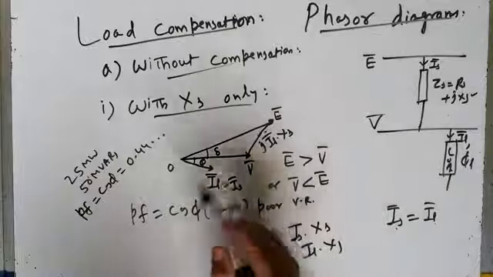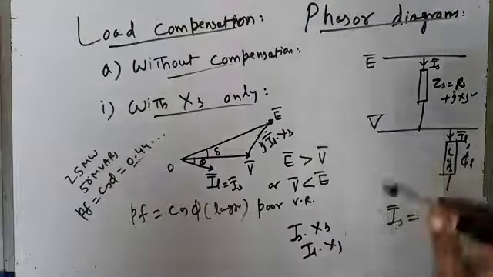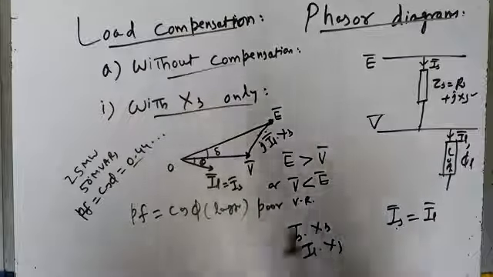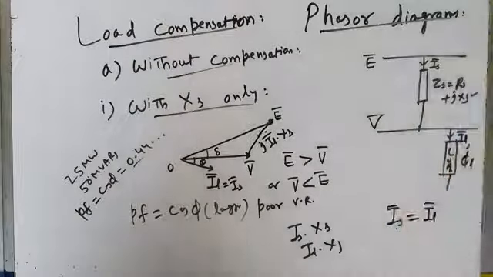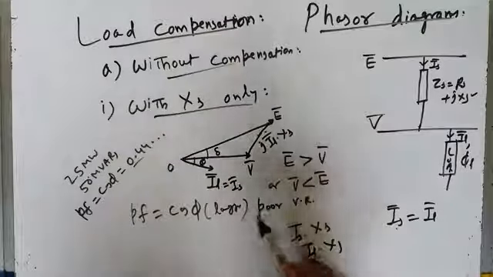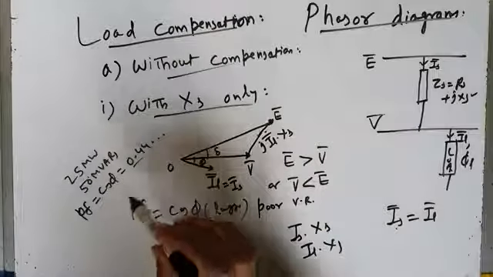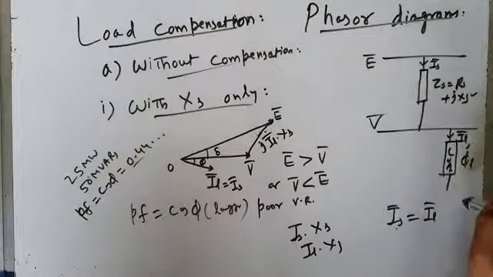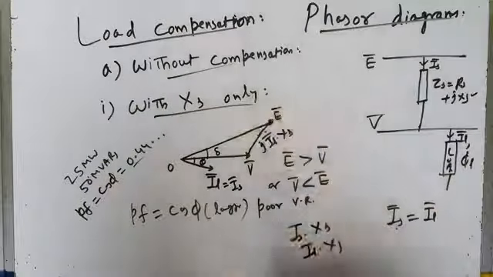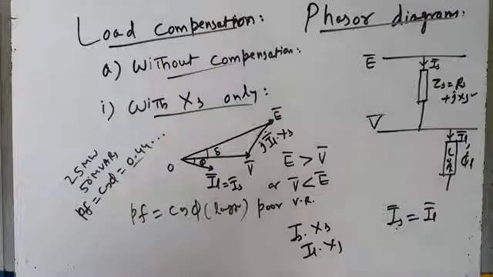So because of the poor power factor, a large reactive power is flowing, and because of the flow of large reactive power, there is a large voltage drop through the system reactance, and that causes V to be less than E, poor voltage regulation. Also, since the current is very large, there will be more losses in the line, in the system.